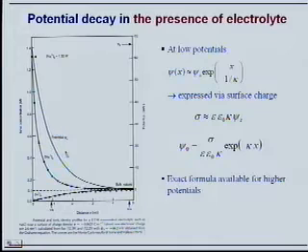The potential at any point x is going to be equal to the potential on the surface, times the exponent where you have the distance divided by the Debye length. So the Debye length is the parameter which tells you how fast this potential and the concentration of ions decay away from the surface.